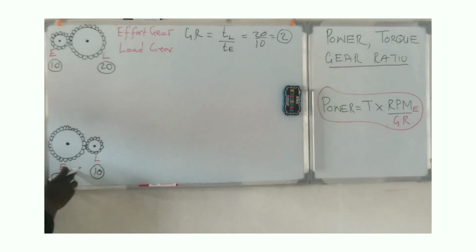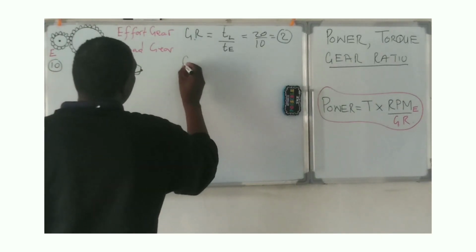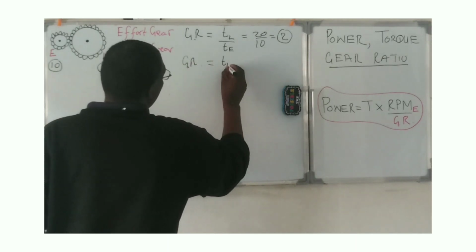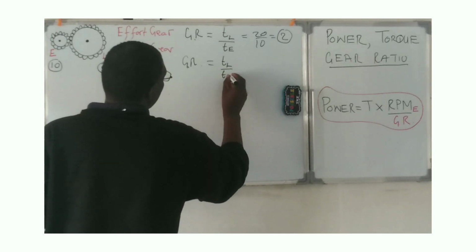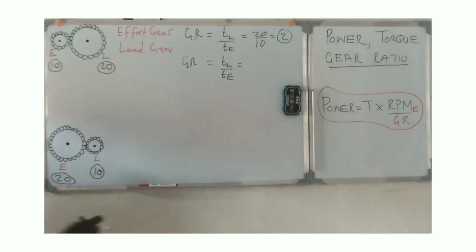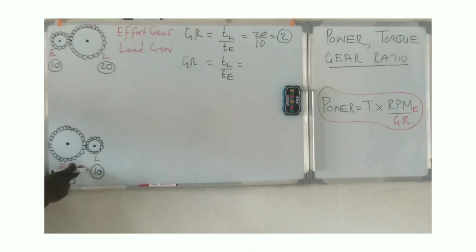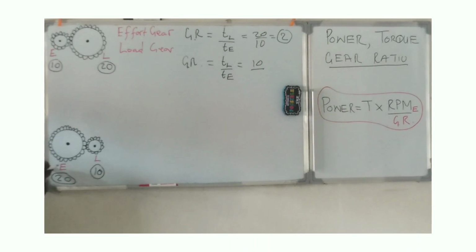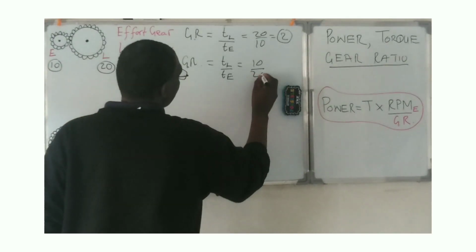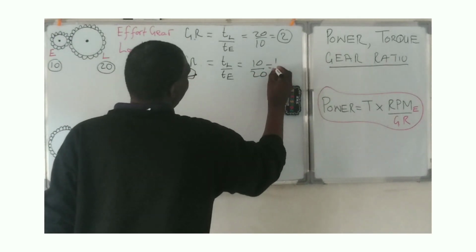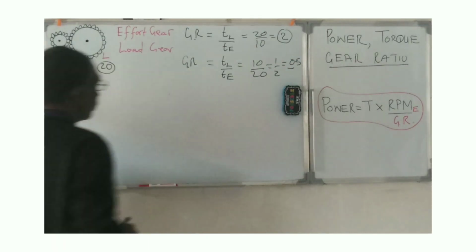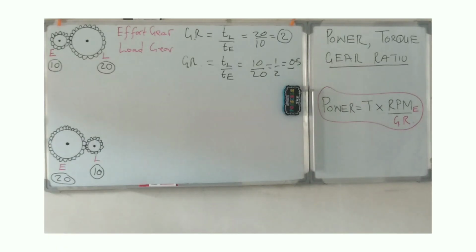Well, it's the same formula, and it's going to be GR is equal to TL divided by TE, which is equal to, well, here our TL is 10. And our TE, the effort gear, is 20. And that gives us half, which is equal to 0.5.